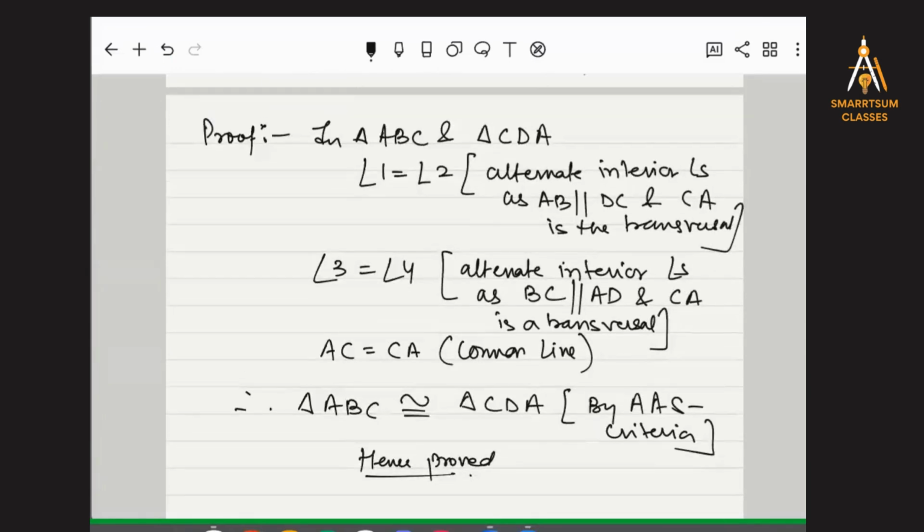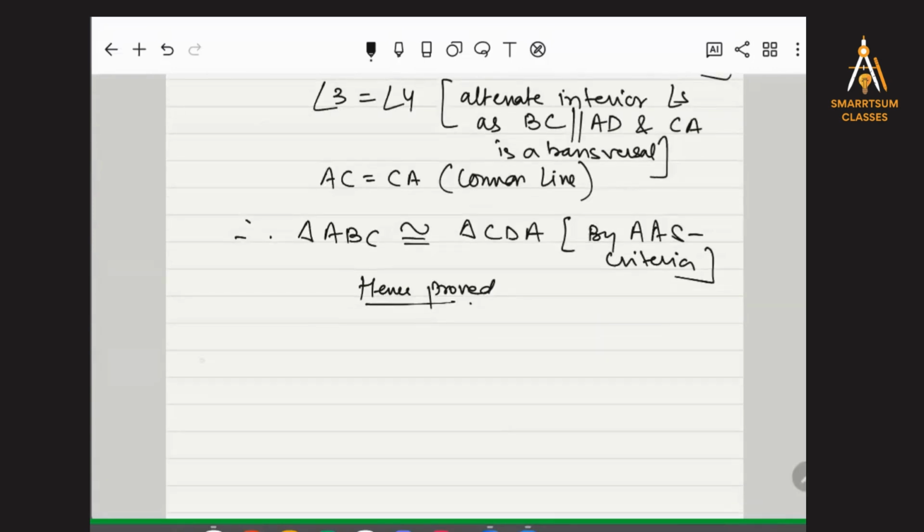Now, since we have proved that these two triangles are congruent, we can easily prove that opposite sides are equal and opposite angles are equal, right? So these are another theorems now, right? So write down theorem number 3. In a parallelogram, opposite sides are equal.